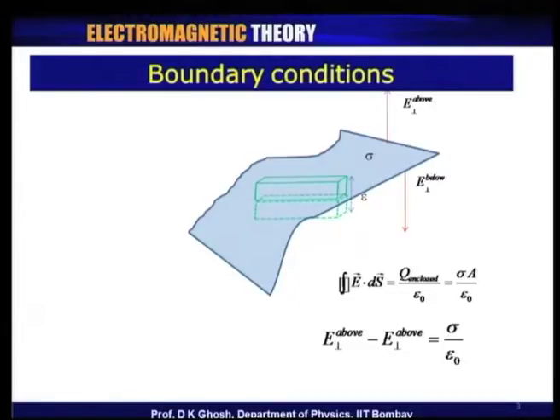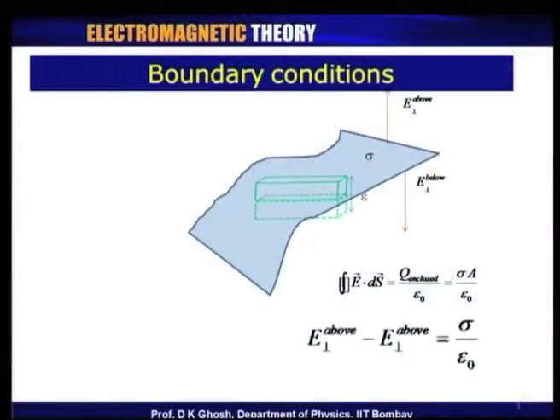What it implies is this: if there is a charged surface, then there is a discontinuity of the electric field, the normal component of the electric field, as you cross a charged surface.